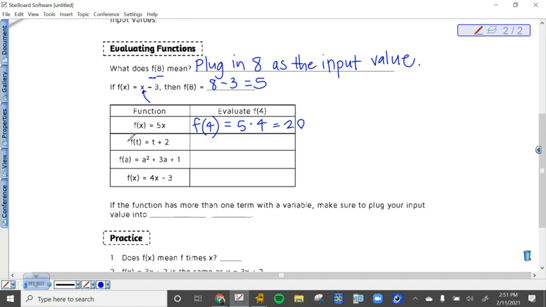So if f of t equals t plus 2, evaluate f of 4. What does that mean? 6. Yeah, I plug in 4 for t, so 4 plus 2 is 6.